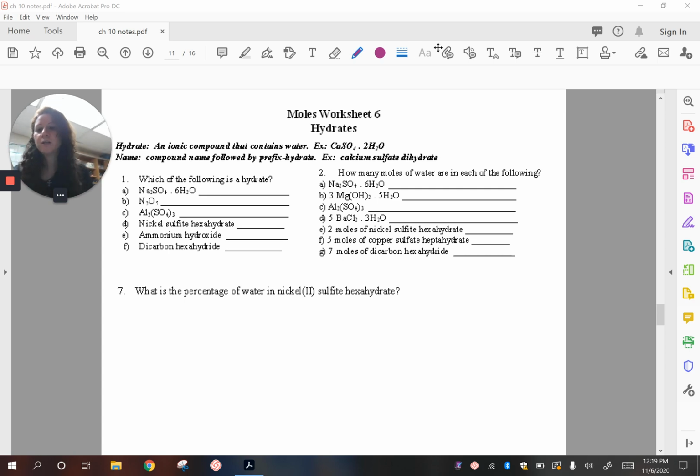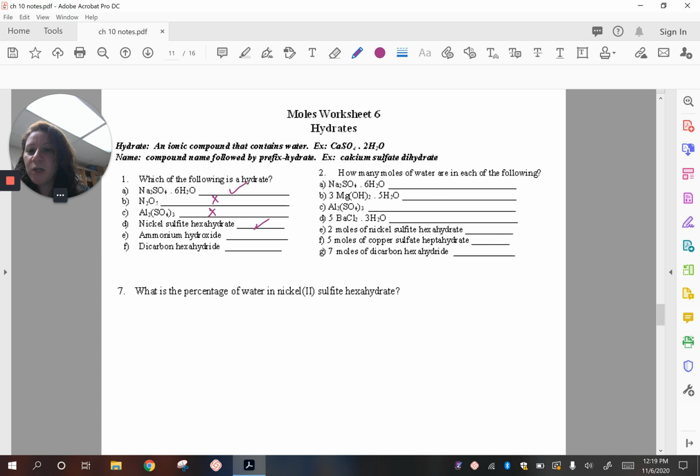So the first one, that is an ionic substance with some water, so yes, it is a hydrate. N2O5, no water, it's actually covalent even, so that is not a hydrate. Al2SO4, that is ionic, but doesn't have any water in it, so that's not a hydrate. Nickel sulfite hexahydrate, that is ionic and it's a hydrate.